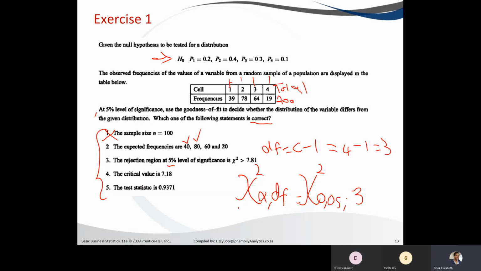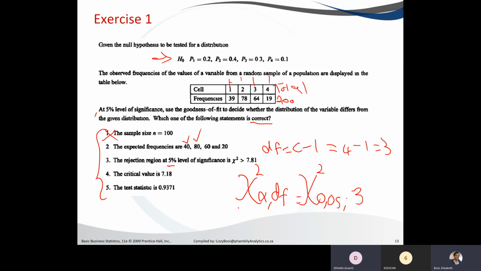I'm not sharing my screen for this, so I'm expecting you to go to your tables. What do you see there? So you go at the top, you look for 0.05 at the top, and then on the side, look for 4.